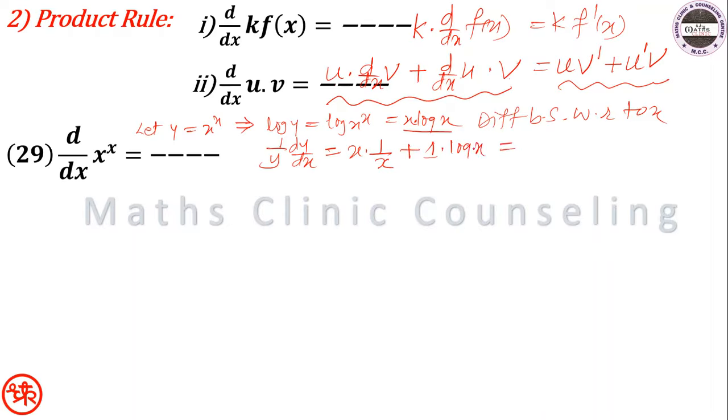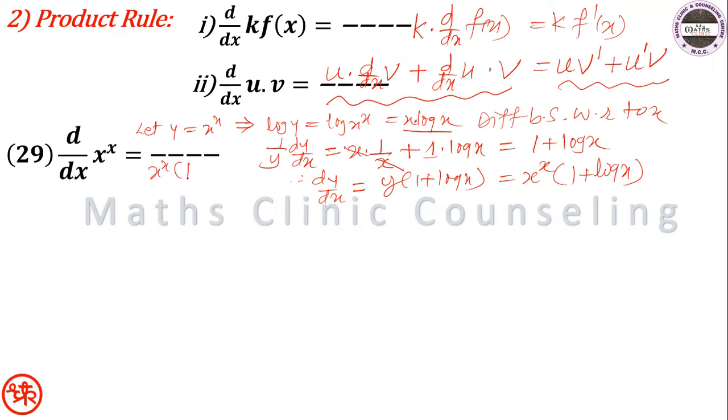So it is equal to, x cancel हो गया, 1 plus log x, and therefore dy by dx, y से मल्टीप्लाई कर दिया, तो y into 1 plus log x, and what is the value of y? x to the power x into 1 plus log x. Is that clear? तो इसका फॉर्मूला हो गया x to the power x into 1 plus log x.